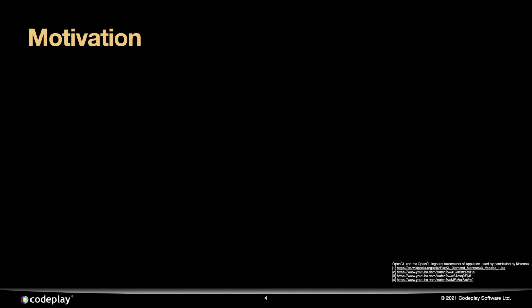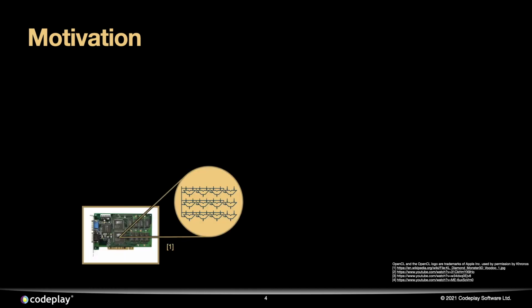This is the slide where I've gone on the internet and found pictures, and I'm going to use those pictures to try to convince you why the topic of this talk is important. When we're talking about OpenCL, we're often thinking about hardware accelerators. And when someone says hardware accelerator, the first thing that comes to mind is a GPU, or a graphics processing unit. GPUs have historically been designed to crunch lots and lots of numbers in parallel, because that's what you need to do to draw graphics onto a computer screen.